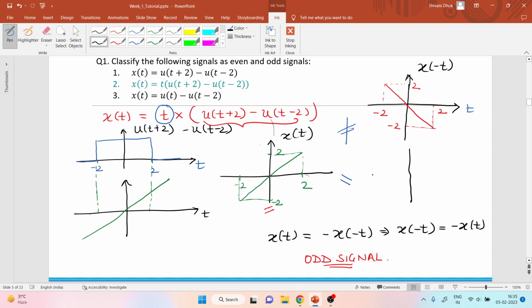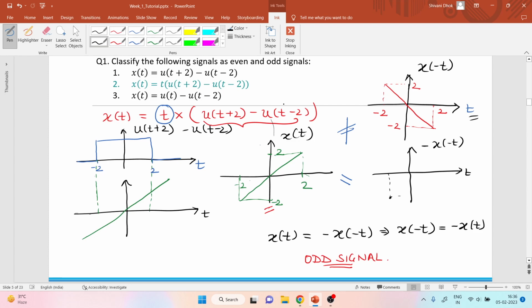So this x of minus t is given by this diagram, I think this is fine, because this is my x of t and this is my x of minus t. But when I'm drawing minus of x of minus t, then I need to flip it about this t axis. So what this 2 component will become minus 2.